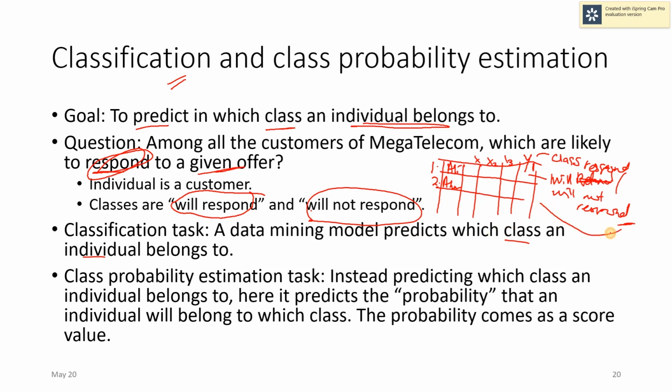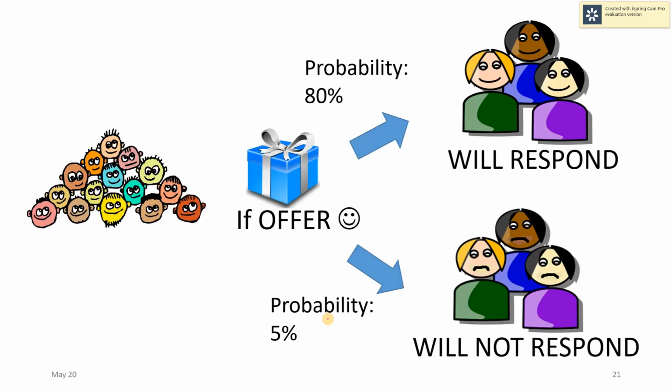So this is a classification task, while class probability estimation task is, instead of predicting which class an individual belongs to, it will predict the probability of an individual belonging to which class. So the probability will become the score of the value.